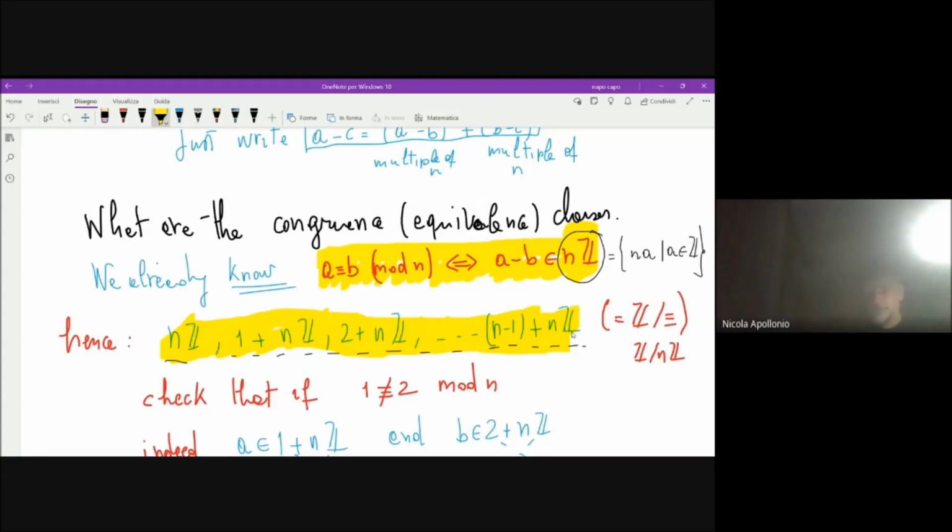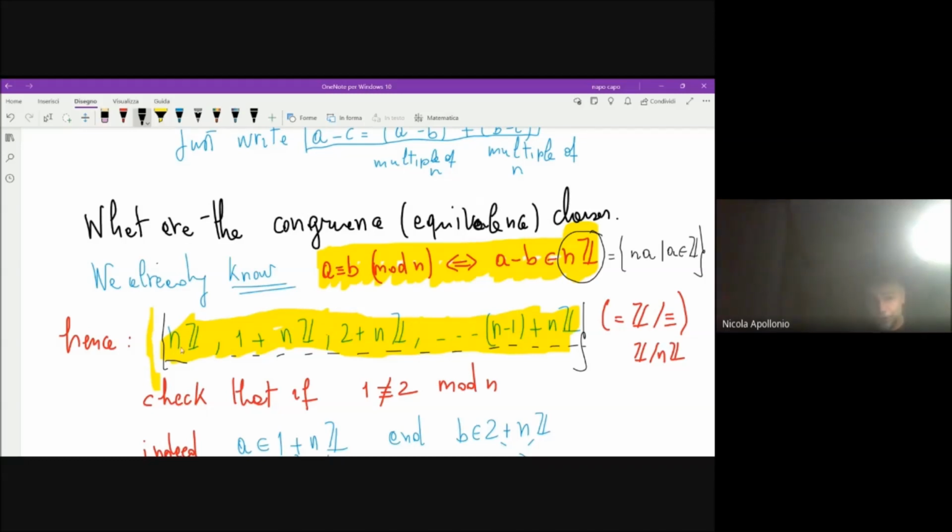We will see it in a while, but if this is true, and it is true, as we will show, recall that the set of equivalence classes of an equivalence relation is called the quotient of the set by the relation.